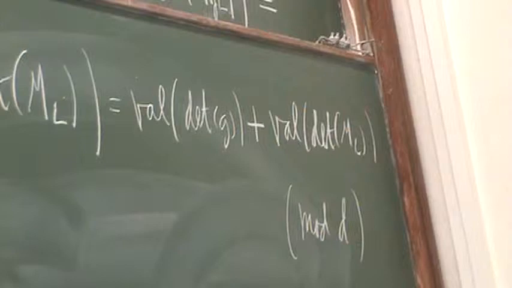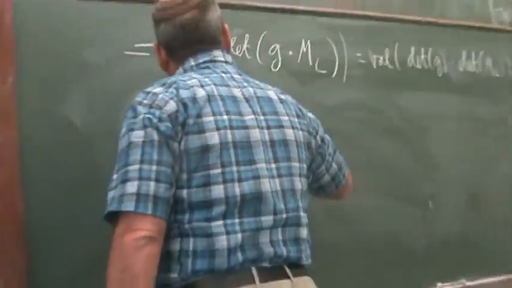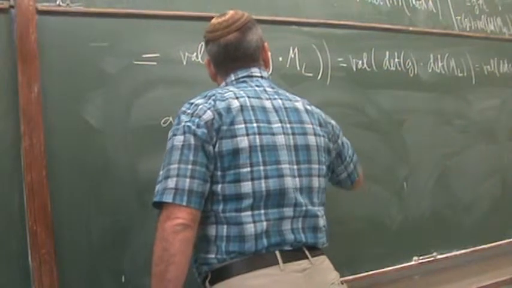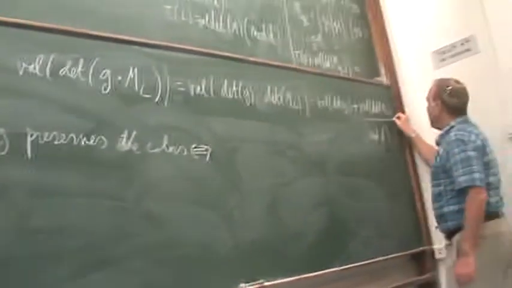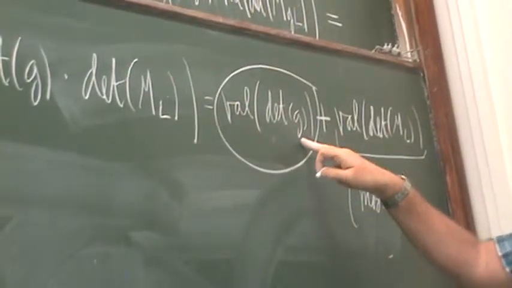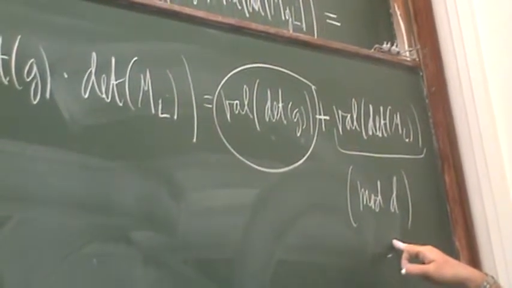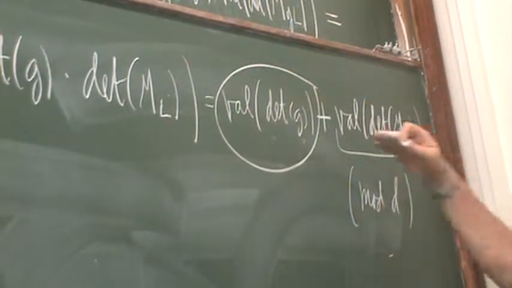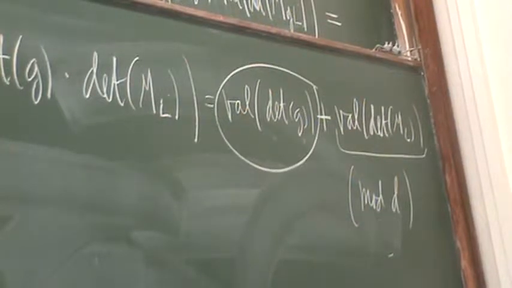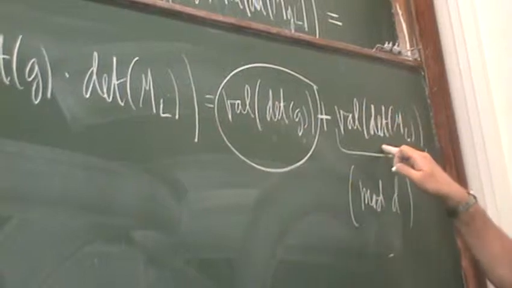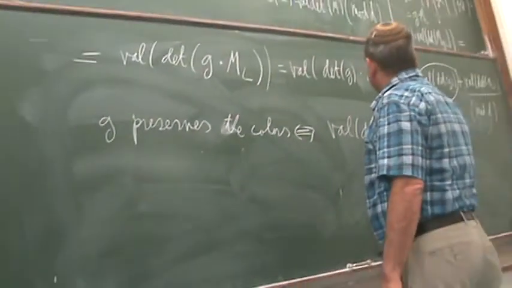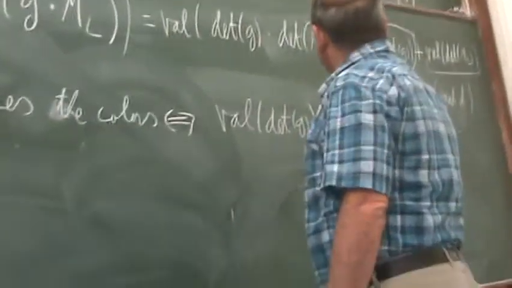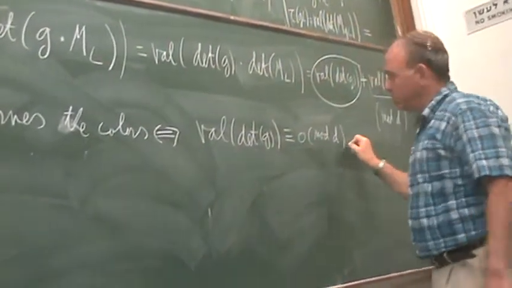So what does it mean? G preserves the colors if and only if, you see, in order to preserve the color, this valuation is zero, well, zero mod D. Because the way it pushes the coloring, it really pushes the coloring by adding the valuation of the determinant of G to the original color, if and only if the valuation of the determinant of G is equal to 0 mod D. Okay.